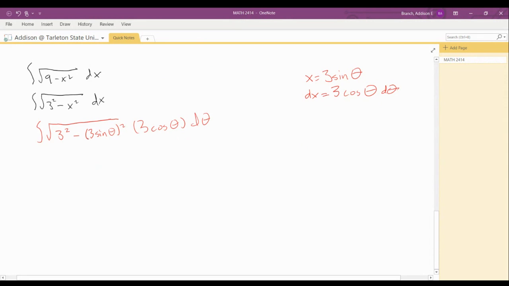We can pull out a 3 squared in here and rearrange to get 3 squared times 1 minus sine squared of theta, times 3 cosine of theta d theta.